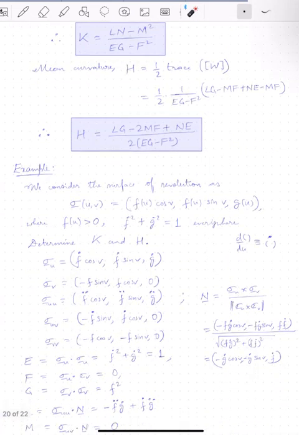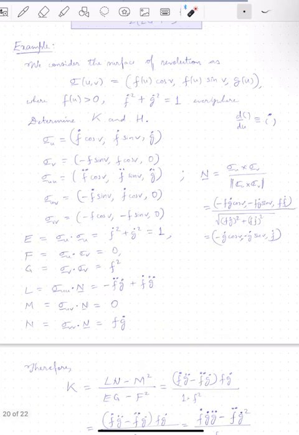And then we presented an example where we considered a surface of revolution. There was a condition on the profile curve stating that it happens to be a unit speed curve, which means that f dot squared plus g dot squared is equal to 1.